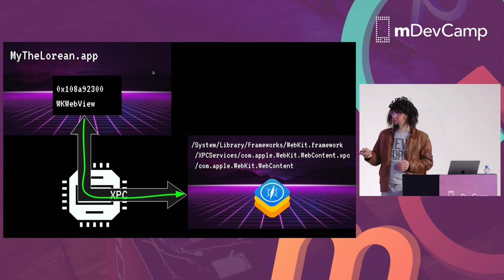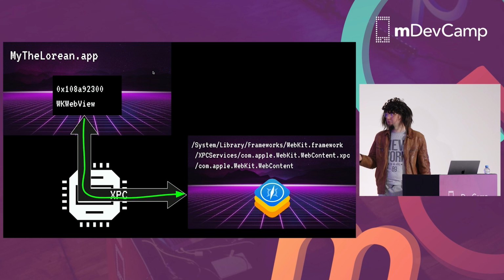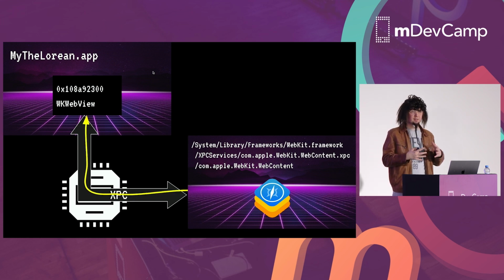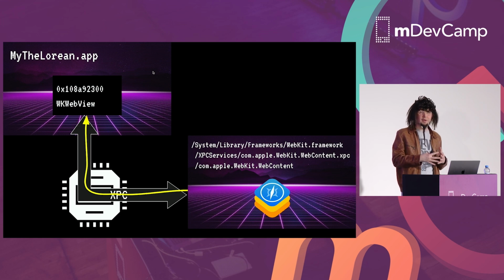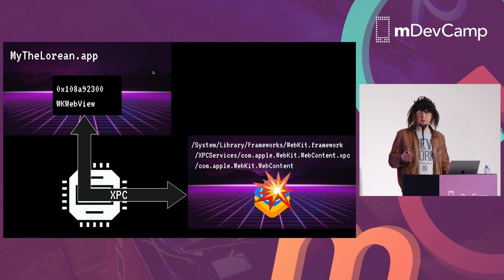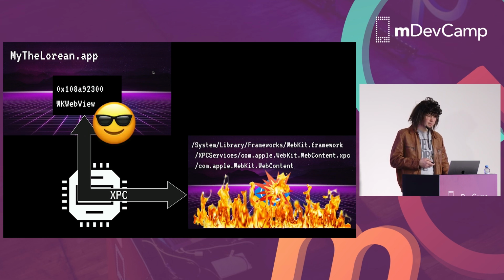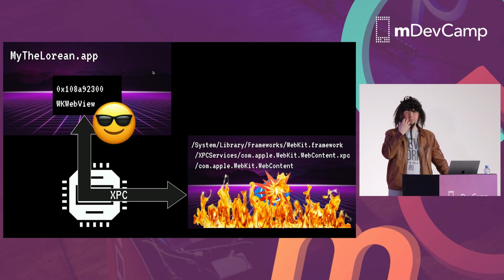So WKWebView basically requests the web content to load some page, and the daemon loads the page and sends it back in a format that allows it to be rendered on the user's screen. This time, if the WebKit engine crashes, just the service process is killed. After refresh, it will just restart, and you will again see the page, but the app will survive.